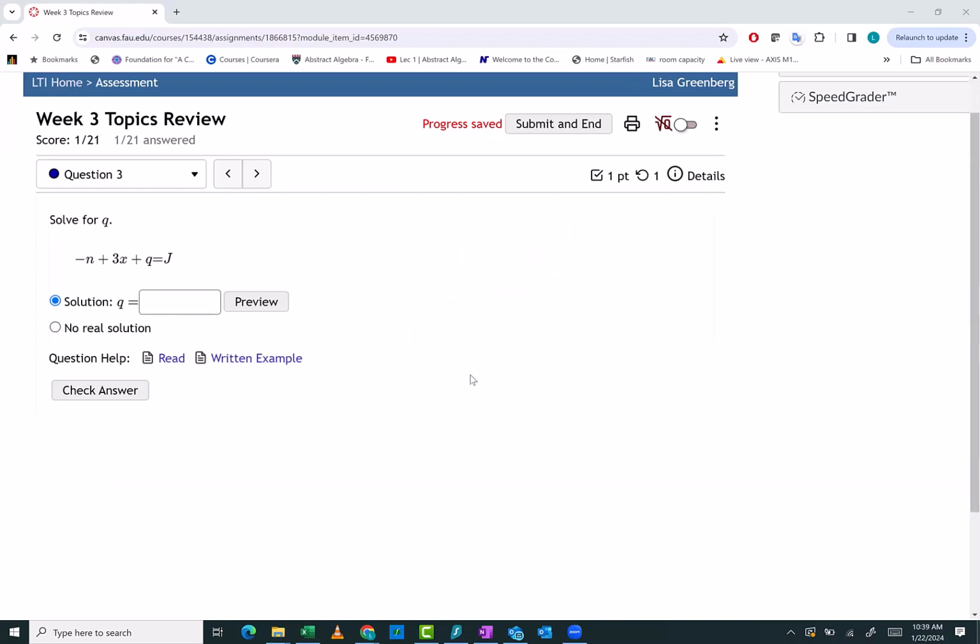I'll do a couple of these because they might be a little confusing. Here, we're solving for Q. I have negative N plus 3x plus Q equals J. And what do I want to isolate?